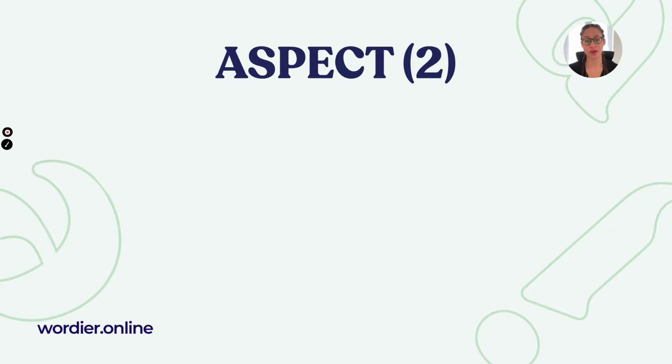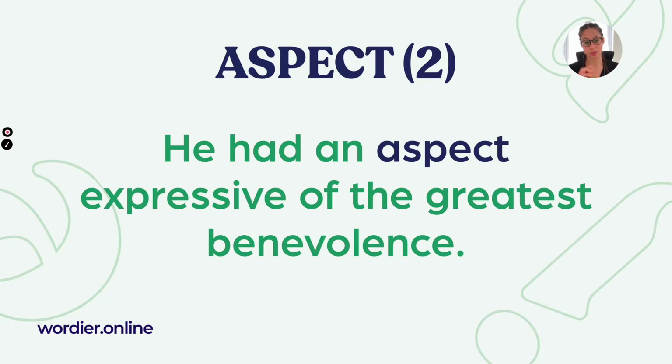Okay, so the second meaning of aspect, it's quite a formal, old-fashioned meaning, but it's one that you might see when you're doing old comprehension passages. So the example sentence that I have here, I've adapted slightly from the text Frankenstein, because this was in that book. So he had an aspect expressive of the greatest benevolence. It's a tricky sentence. So benevolence is kindness. He had an aspect expressive of the greatest benevolence. And that's his face in this example. So he looked a certain way.